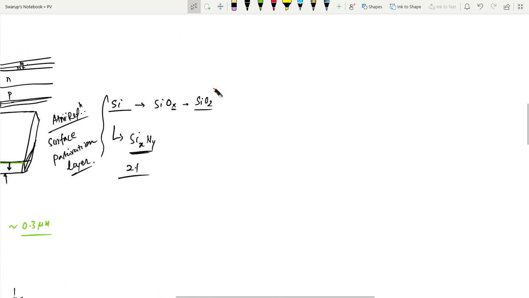So what are the different types of recombination we can have in a crystalline silicon solar cell? What type of material is it, silicon?